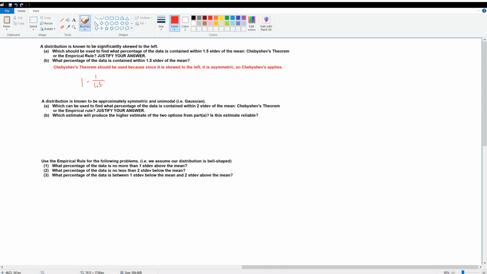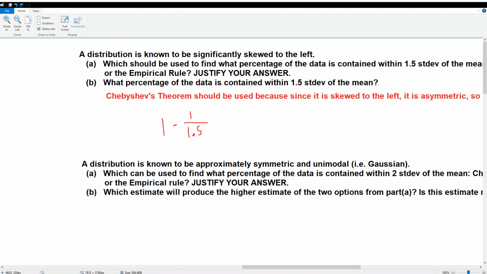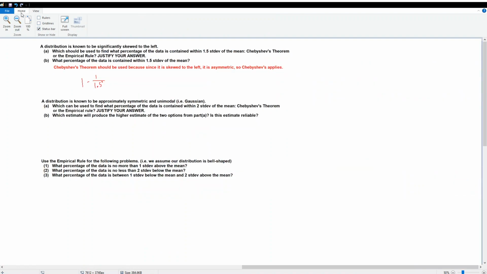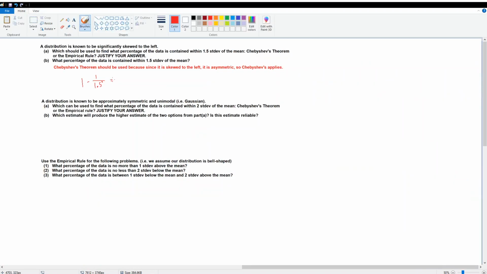And we're going to have to square that. Let me zoom in a little bit so I can make it clear. There we go. We're going to square that. And this, you put it into a calculator, you're going to get 5 over 9, or approximately 0.556 if we rounded it.